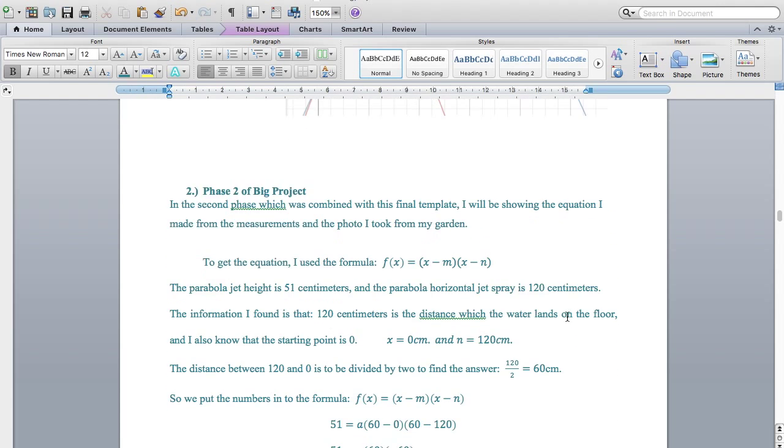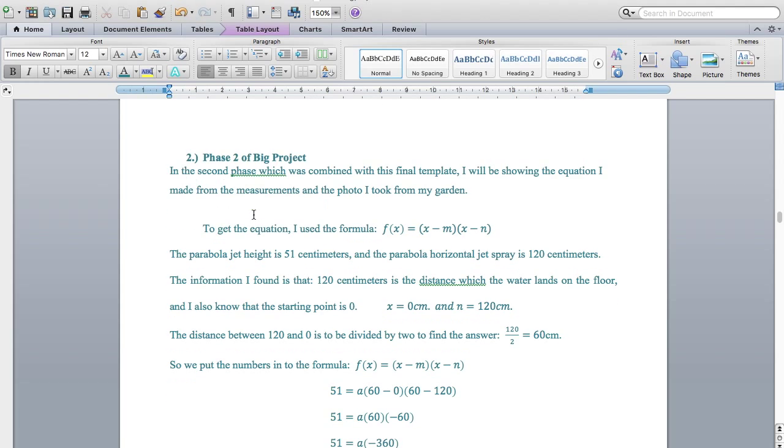For the second phase, I used that same quadratic formula, which is this, and measured the hose from my garden, where the parabola jet height is 51 centimeters tall and the distance is 120 centimeters long.